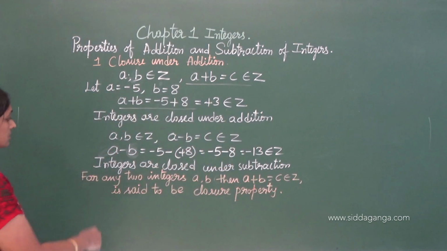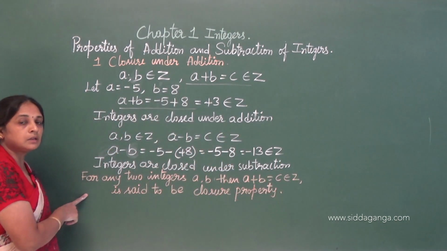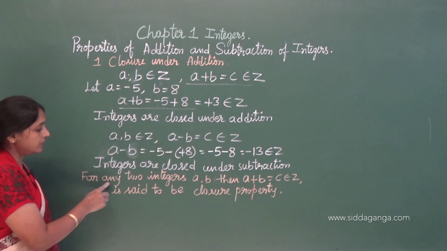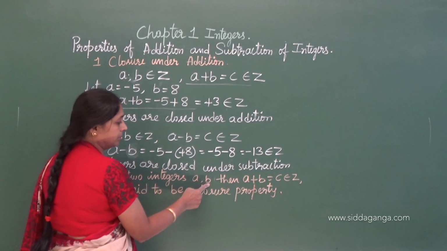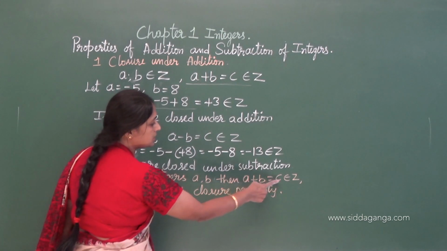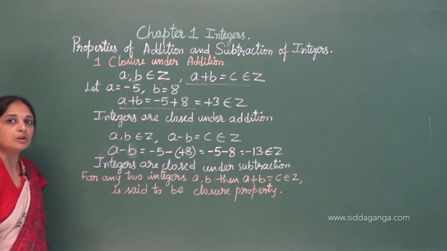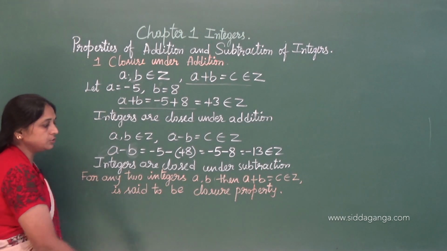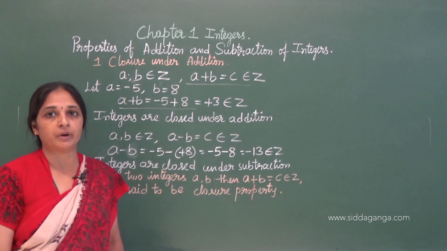So this you can get for an MCQ. For any two integers a comma b, this is the condition: a plus b is equal to c also belongs to Z is said to be closure property.